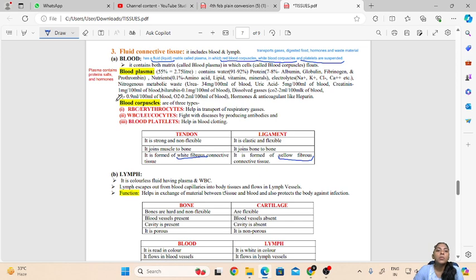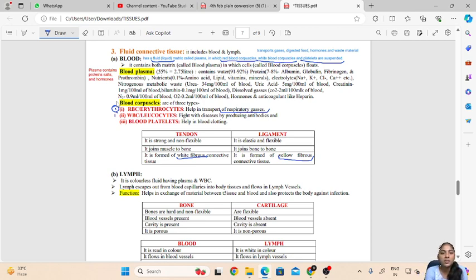So the blood cells or blood corpuscles are RBCs, WBCs and blood platelets. So RBCs, the first one, help in the transport of respiratory gases. So the red blood cells are usually involved in the transport of oxygen and carbon dioxide throughout the body.